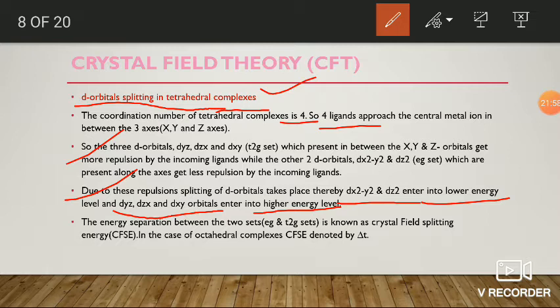Here also the energy gap between the two sets is known as crystal field stabilization energy, as in the case of octahedral complexes.